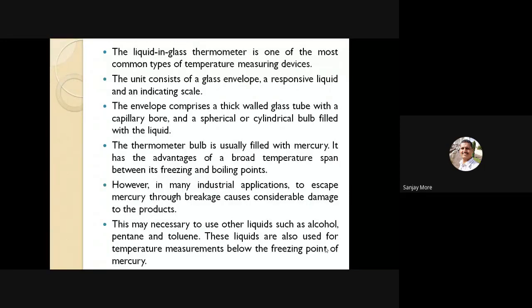It may be necessary to use other liquids such as alcohol, pentane, and toluene.